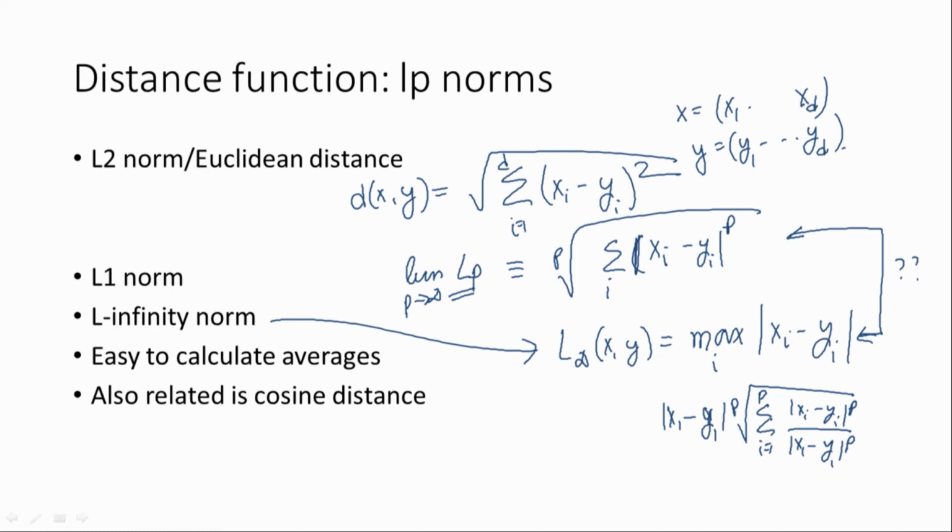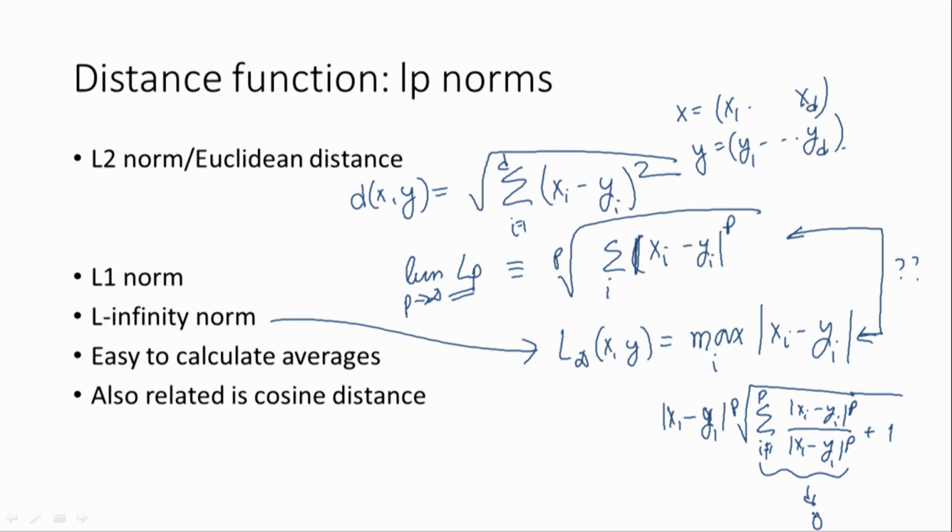If I let p tend to infinity, this sum, it's not very hard to show, would go to 1, because the maximum term would be there. So this part would go to 0, and this part would be 1 left, so it would come out to be the maximum. So the maximum gap. It's all very logical, okay?